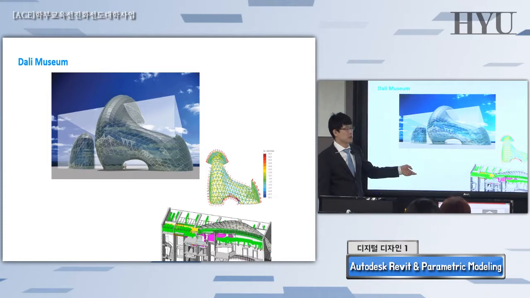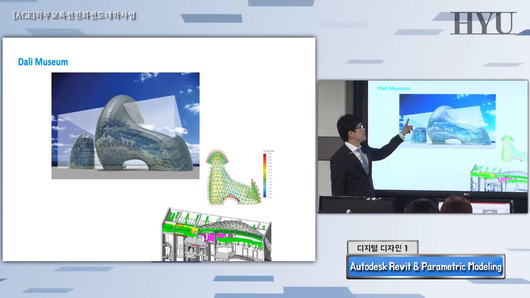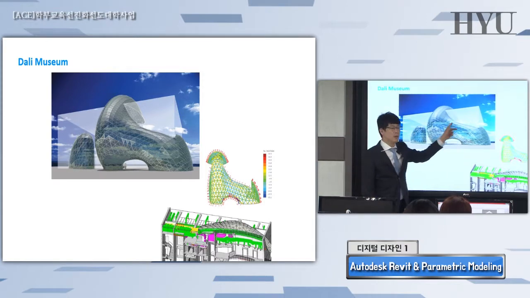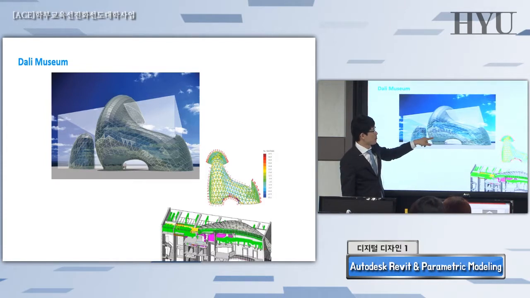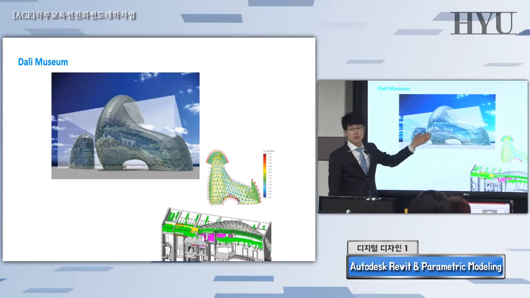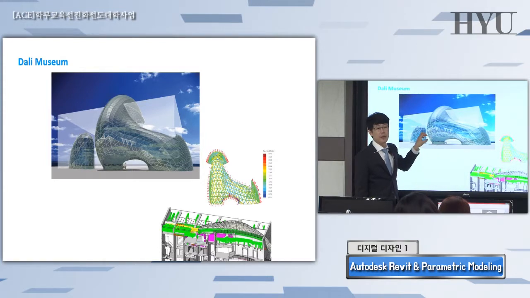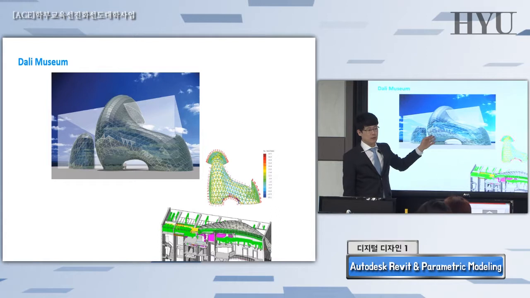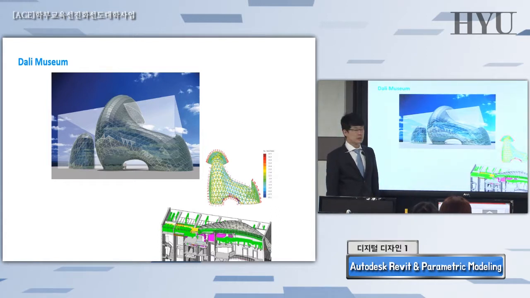HOK is one of the world's leading architecture firms. Take a look at this building. Just a simple box-shaped building, but they put this kind of freeform, non-uniform design shape for the building core and main gate as the main design shape and feature of this building.